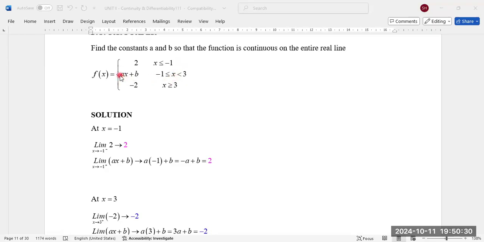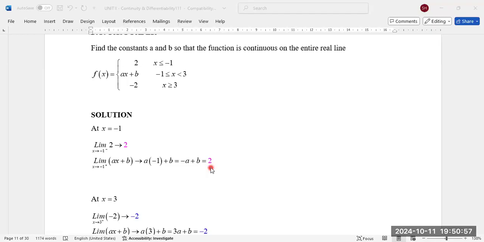So it's going to be a times -1 plus b, which is -a plus b, and it's going to be equal to 2. Oh, sir, every time I do the question, I'm going to get -a plus b? No, it just so happens that this one worked out almost to be the same, -a plus b, right? I don't want you guys, when I teach you, to be that stereotype either, all right? And then we'll finish the first one.